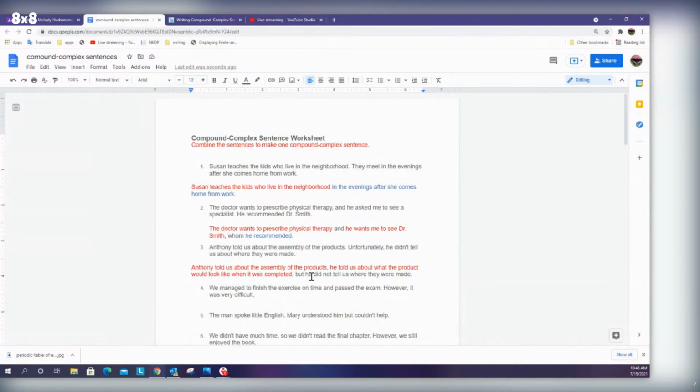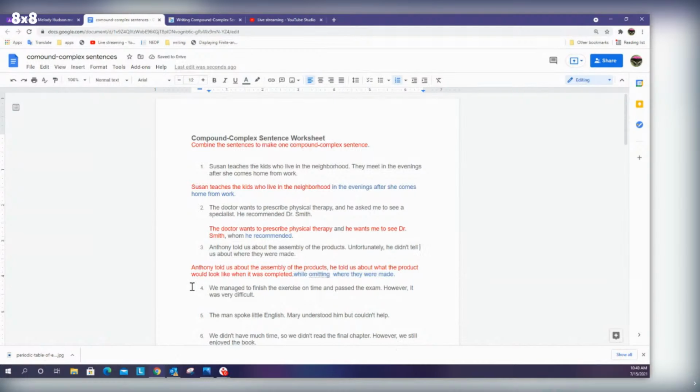While omitting where they were made. While omitting where they were made is not a complete thought. That is dependent. So there we go.